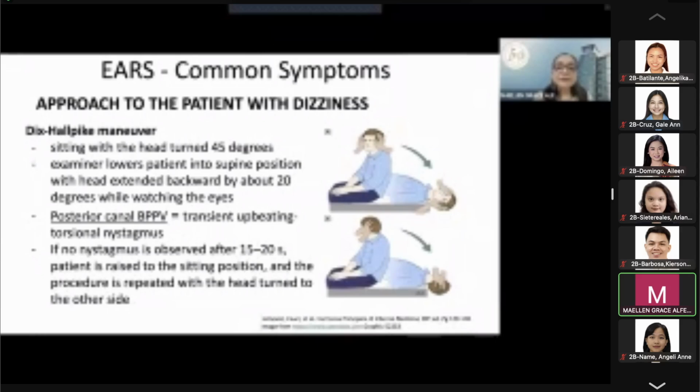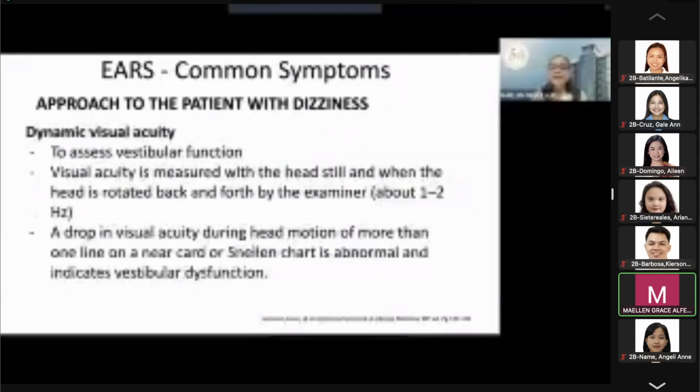Now, another test that you can do is a dynamic visual acuity test. This is also to assess the vestibular function. You ask the patient to use the Jaeger chart and check the visual acuity with the head still. Then after that, you rotate the head back and forth at about 1 to 2 hertz.